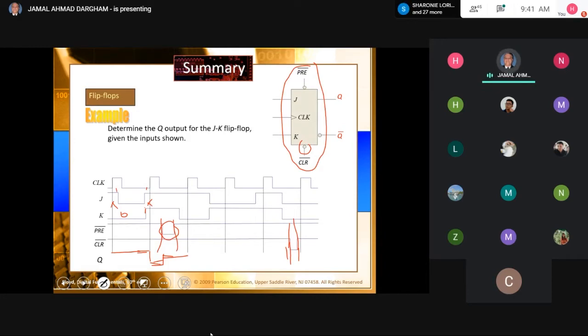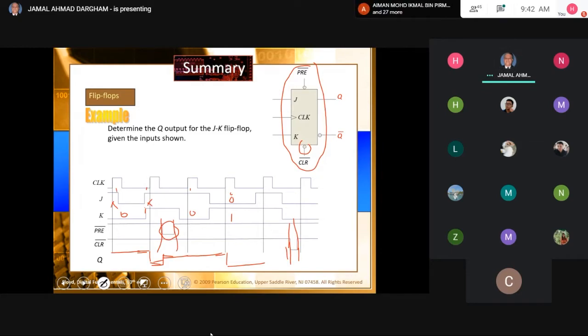Here we look at what you have. You have J 1, K 0. It is set. So it was 1, it will remain 1 until the next clock. Here you have 0, 1, which is reset. It will go to 0 and remain until here.